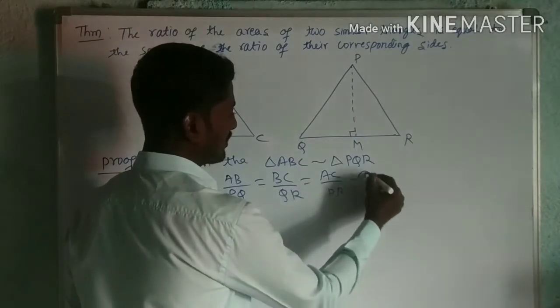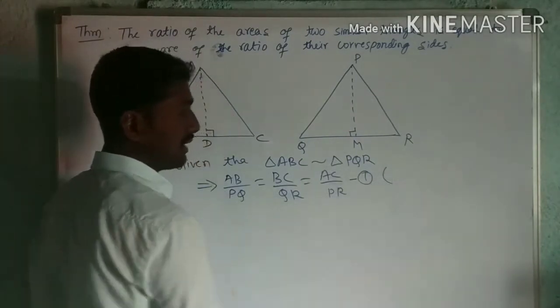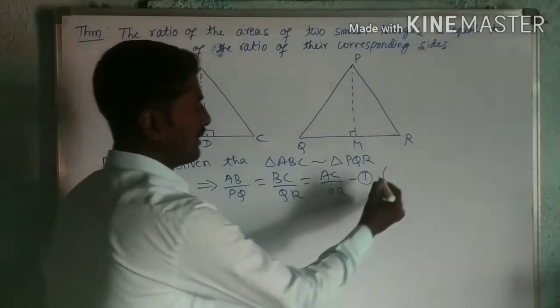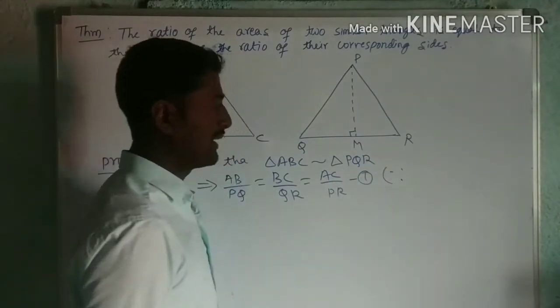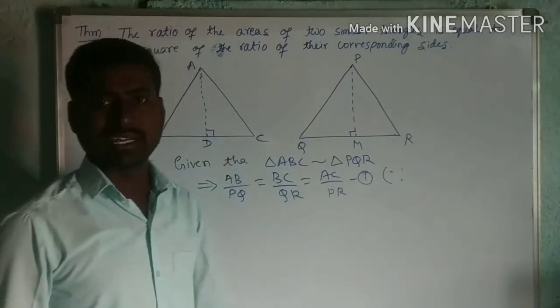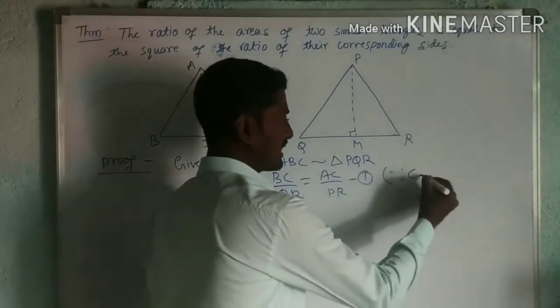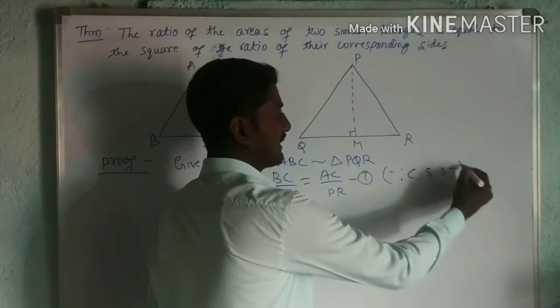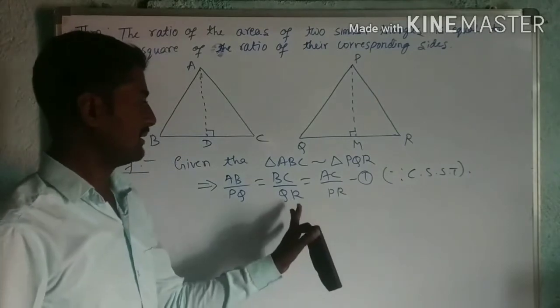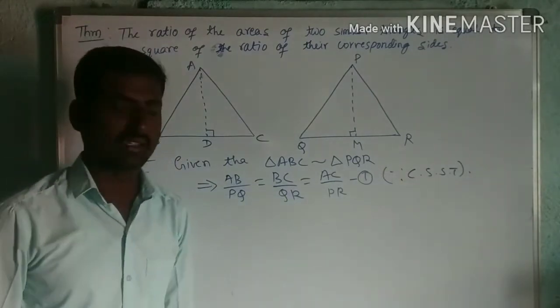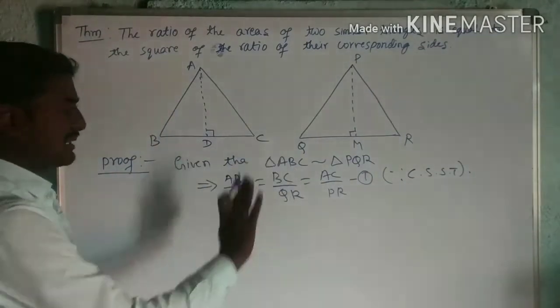I'll call this equation number 1, because I must write the reason here also. What is that? Corresponding sides of similar triangles. So they are corresponding sides of similar triangles. This is equation number 1.